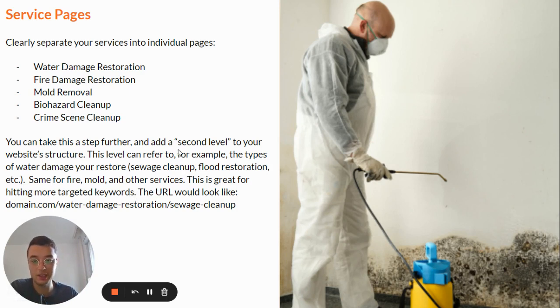Now, what do I mean by great for hitting more targeted keywords? Sometimes Google may decide to rank something like this when, for example, people search for near me keywords, for example, sewage cleanup near me, or even sometimes location keywords. They may not always rank your location page for something this specific. Have that in mind. This is something that gets a little bit more complex.